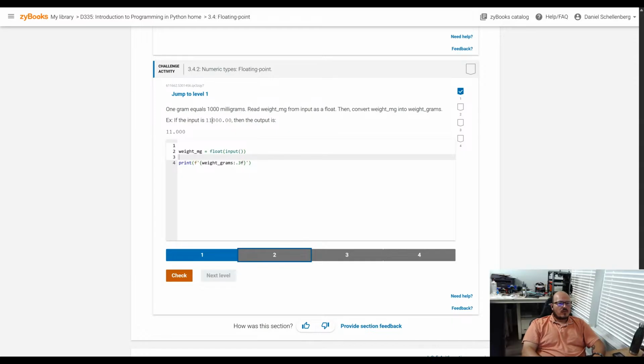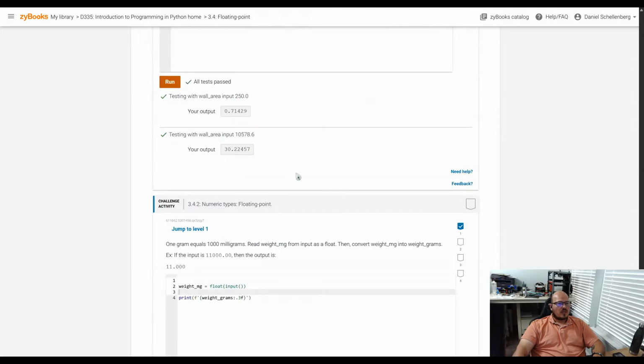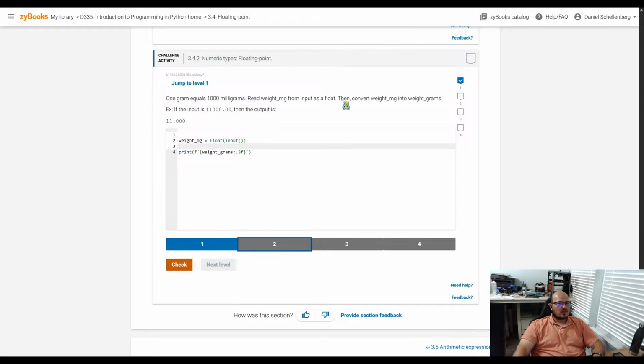Then convert weight milligrams into grams. How do you convert milligrams into grams? Am I sucking at math again? Let's look up how to convert milligrams into grams.